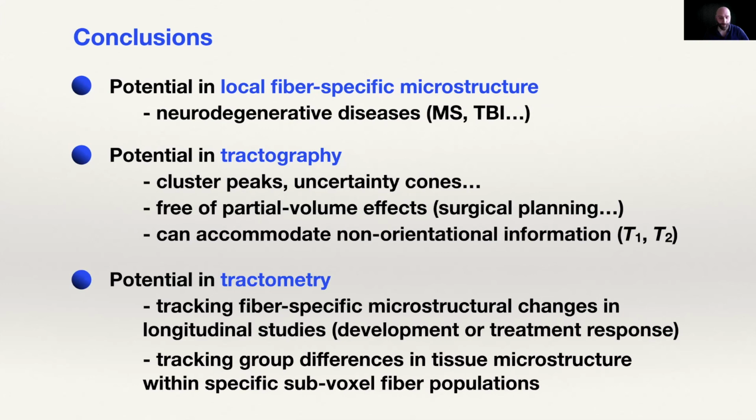Also, you could try to compare different groups, see if different groups have different bundles, maybe because they have a different disease or a different stage of the disease. That can be done, because that's something that is already heavily done in the tractography field, but we can add our grain of salt to it.